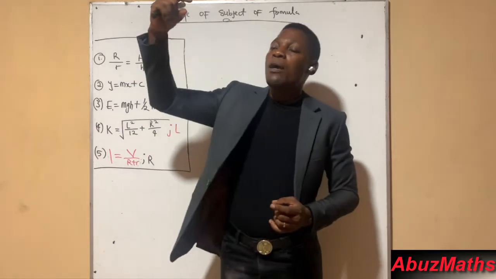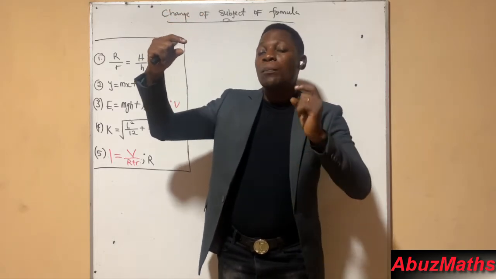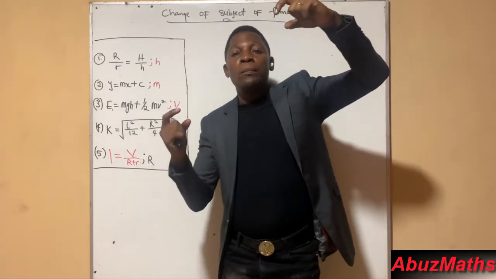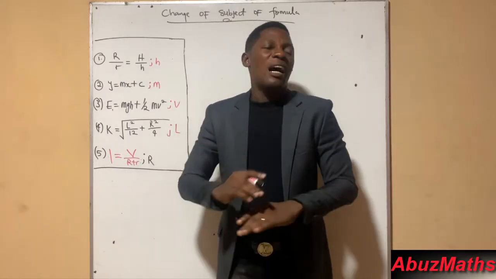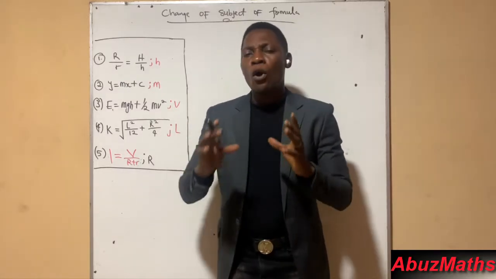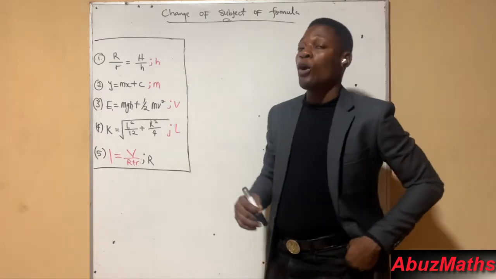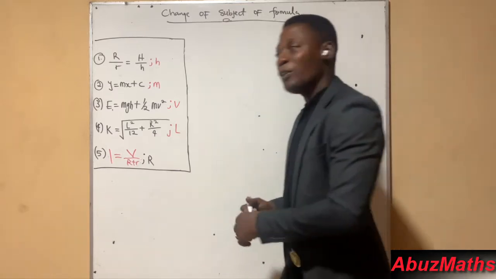That means the numerator of the right hand side multiplies the denominator of the left hand side, and the numerator of the left hand side multiplies the denominator of the right hand side. Simple. That is basically all you need to know. Without much ado, let's dive right into it.